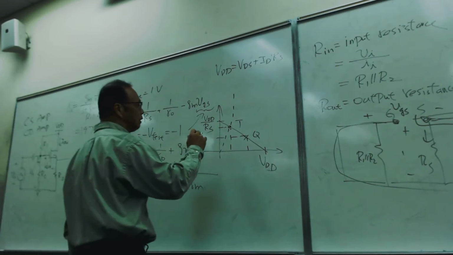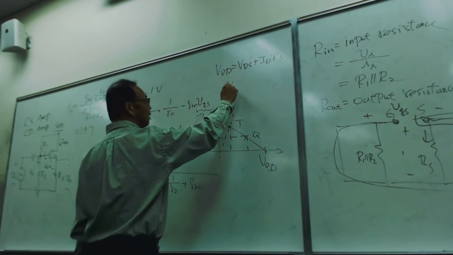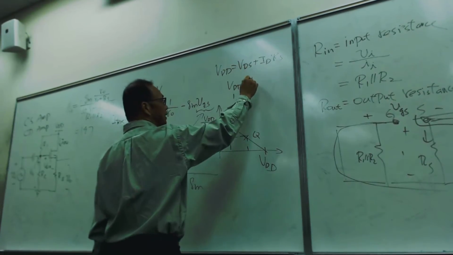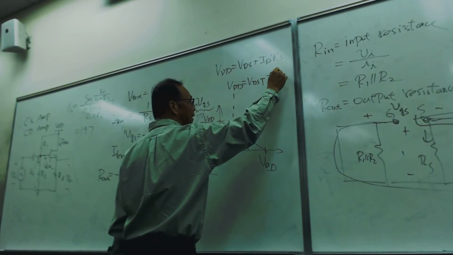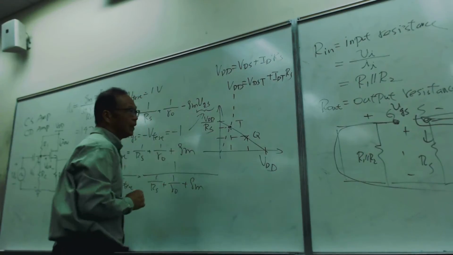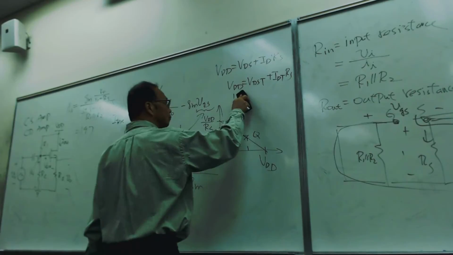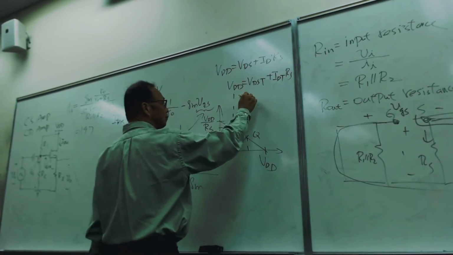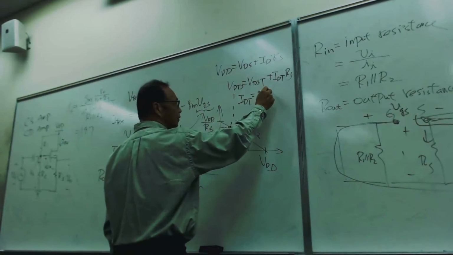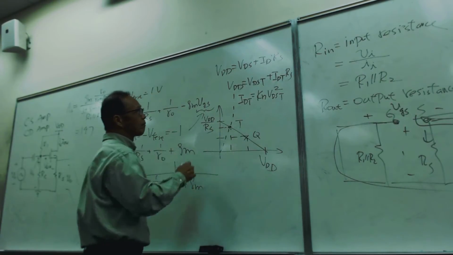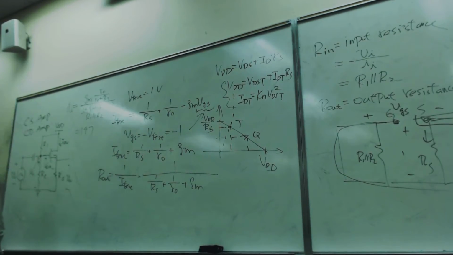For the T point, how do you find it? You use the same equation, and you put VDS as VDST, or ID as IDT. And then you have the second equation, IDT equals Kn VDST squared. So those are the two equations you can use to find the T point.